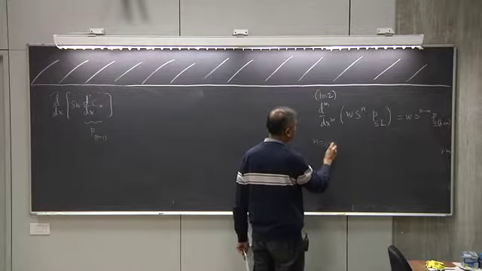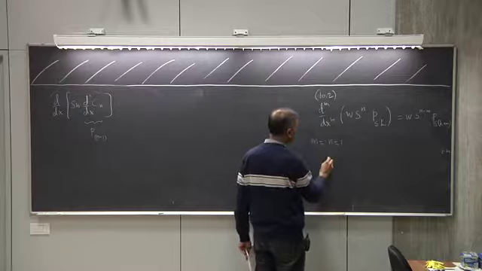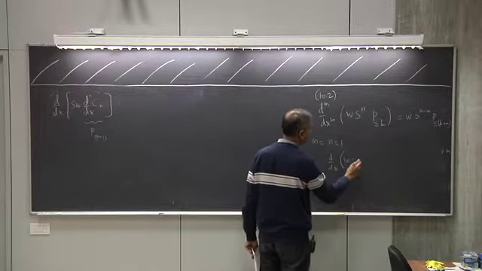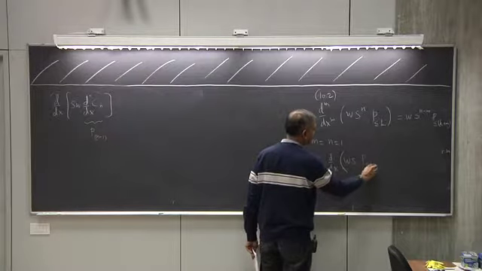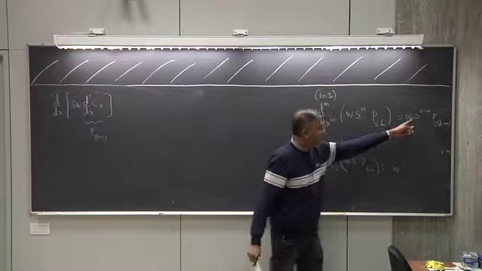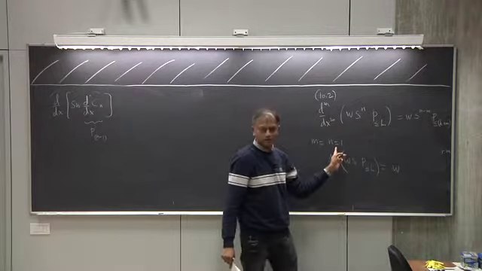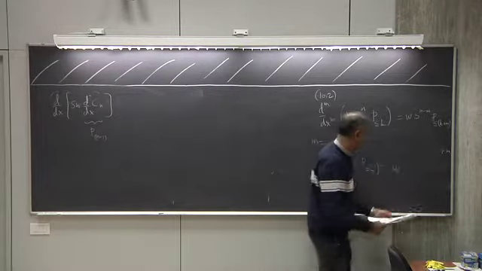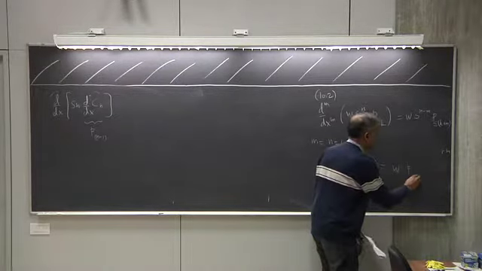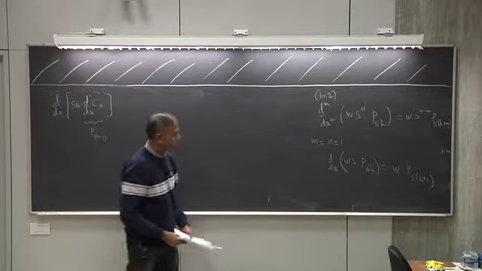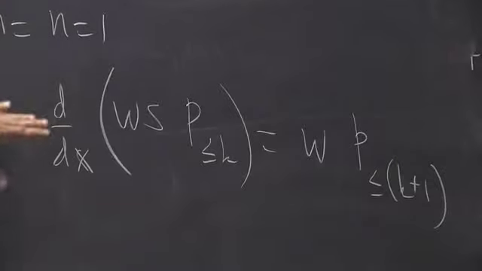This formula says that d by dx acting on w s times any polynomial of degree less than or equal to k is w, then s to the n minus m, but n and m are equal, so s to the power 0, which is 1, times a polynomial of degree less than or equal to k plus m, but m is 1. That's a special case of this general lemma, right.